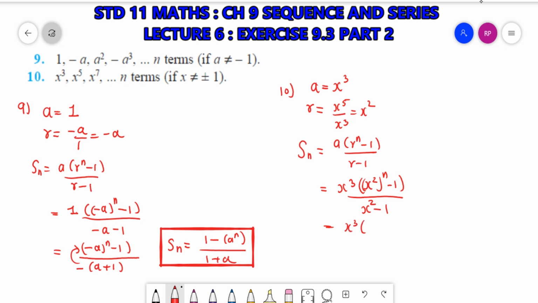So x cube times, power of power, multiply, x raised to 2n minus 1 upon x square minus 1. This is Sn. Or else you can also write it in this way: 1 minus x raised to 2n, taking minus sign common, and also in the denominator. Clear? So this was about question number 9 and 10. So just note down question 9 and 10.